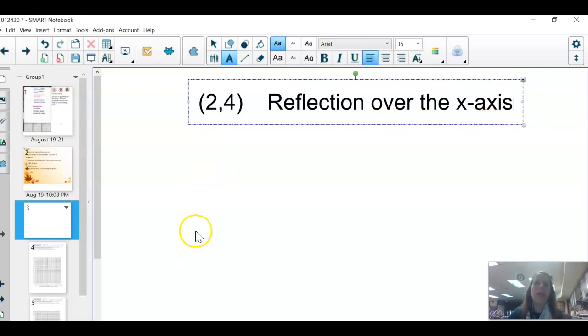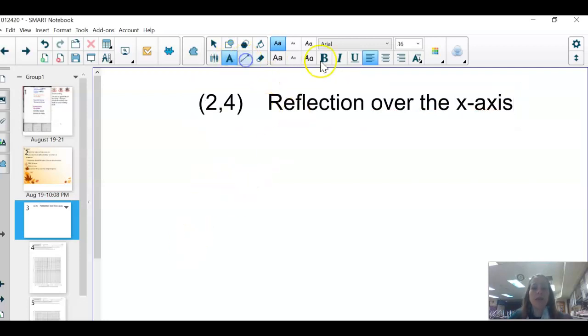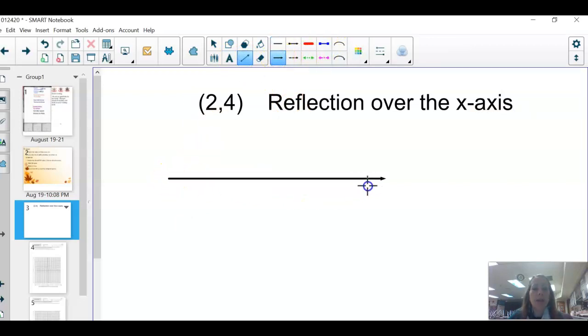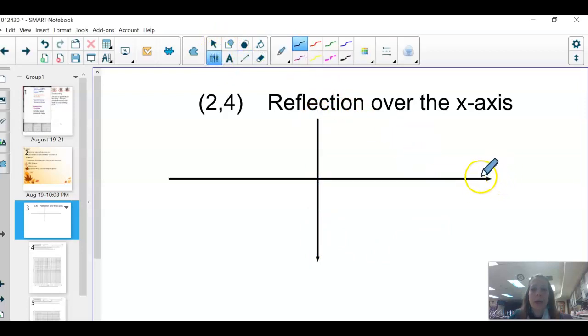So the first thing I like to do is just kind of visualize what the x-axis looks like. So I'm going to put this way and this way. Okay, remember that this right here is the x-axis. This is the y. So 2, 4 would be about 2 and then up 4, somewhere around here.